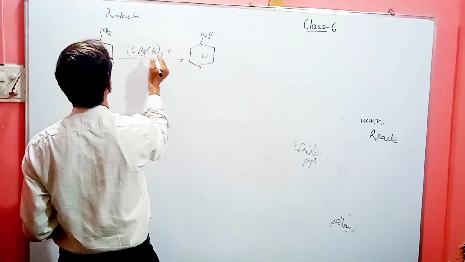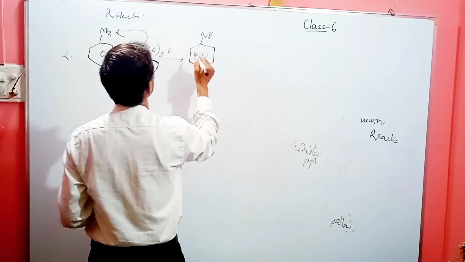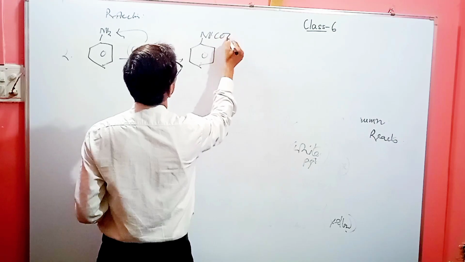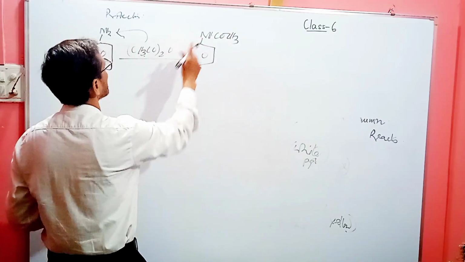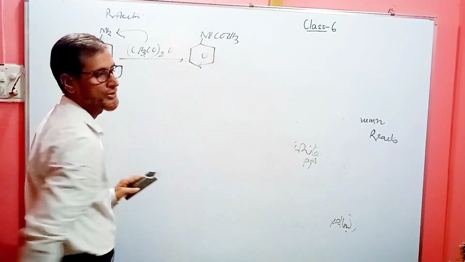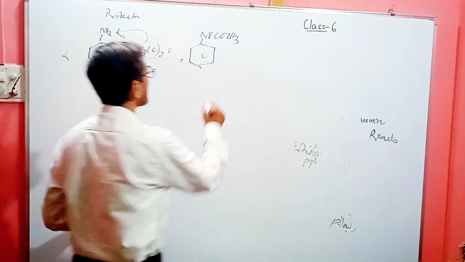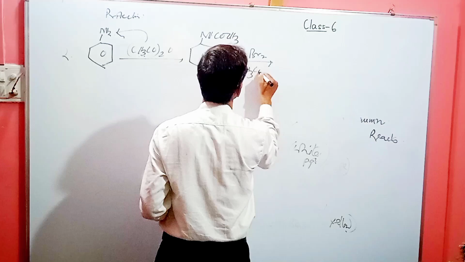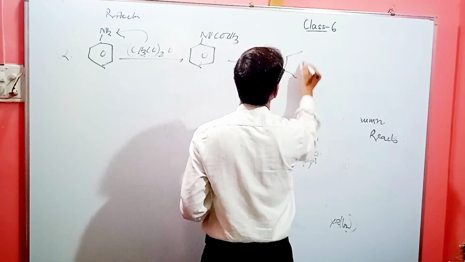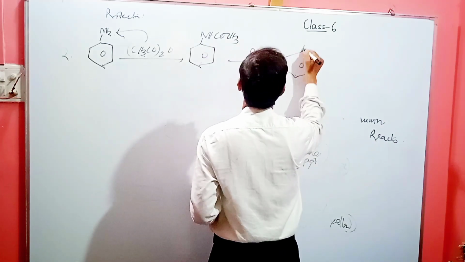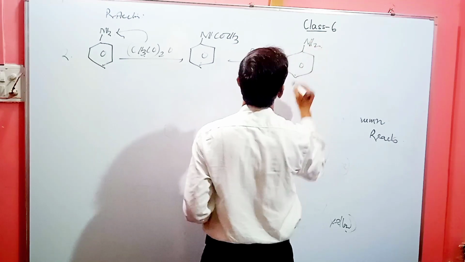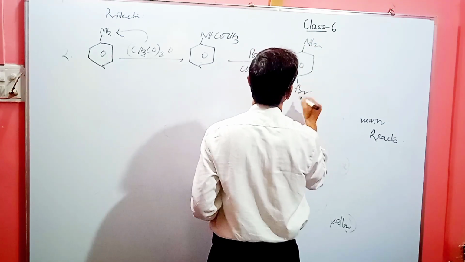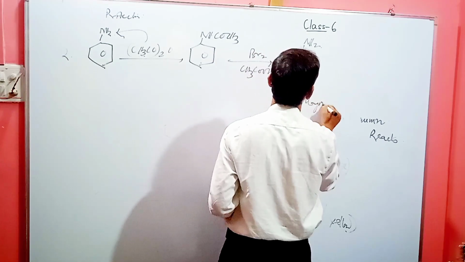In replacing one hydrogen, this part enters here. One hydrogen from here is replaced by CH3CO. That's why the activity of the NH2 group is decreased. And if we now use bromine and acetic acid, we get the para-substituted product as major.